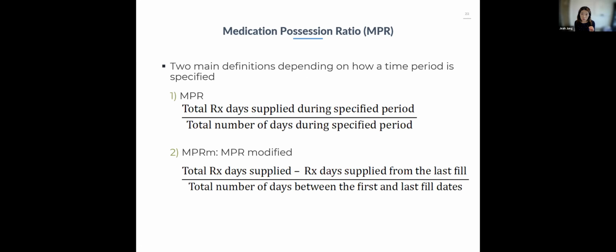Right, so how do we measure MPR? There are two ways we can measure MPR, and it depends on how we specify the time period. The first measure is you simply say, my study period is this 1 year or 2 years or 60 days or 90 days. So you just specify your time period, and that's going to be your denominator.